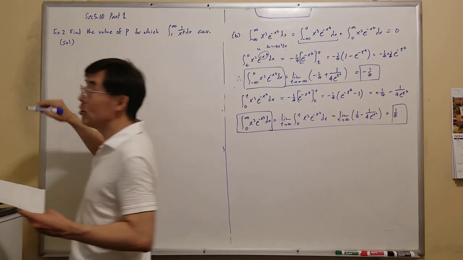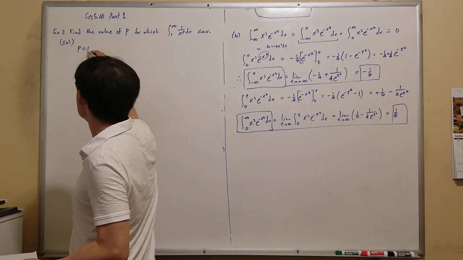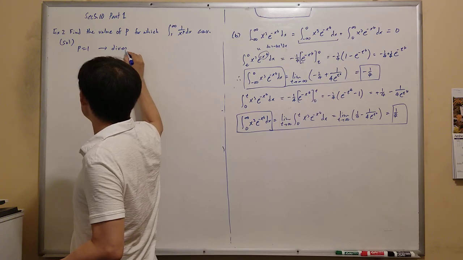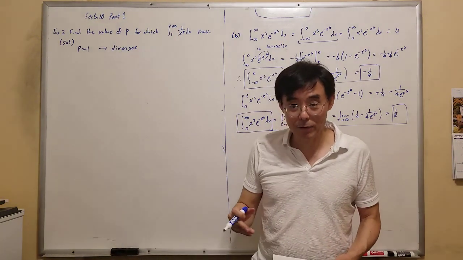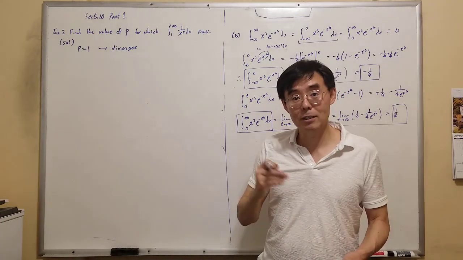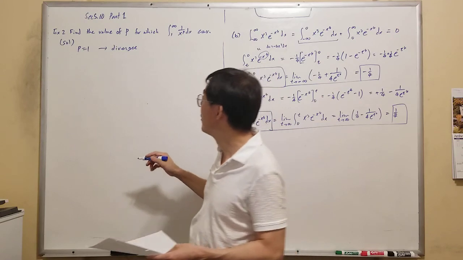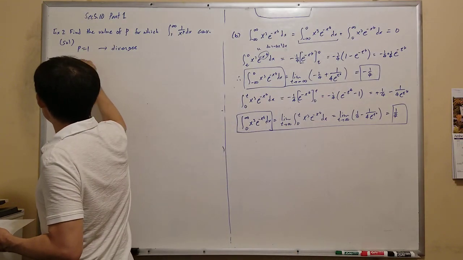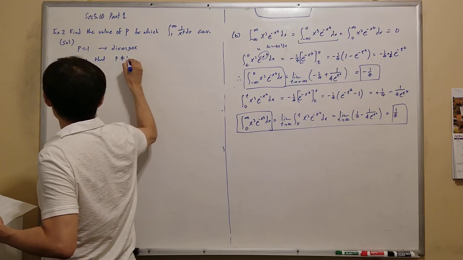In the introduction, we already showed that when p equals 1, the integral diverges. Because the antiderivative of 1 over x involves ln of x, and ln of t goes to infinity as t goes to infinity. So therefore, suppose that p is not 1.